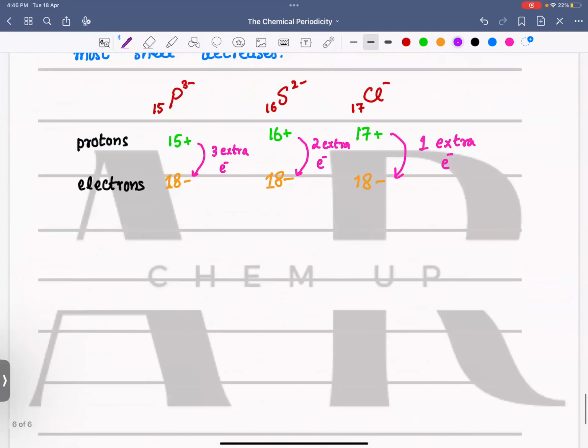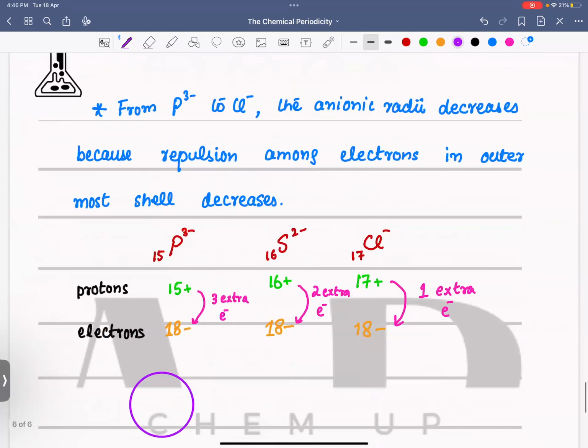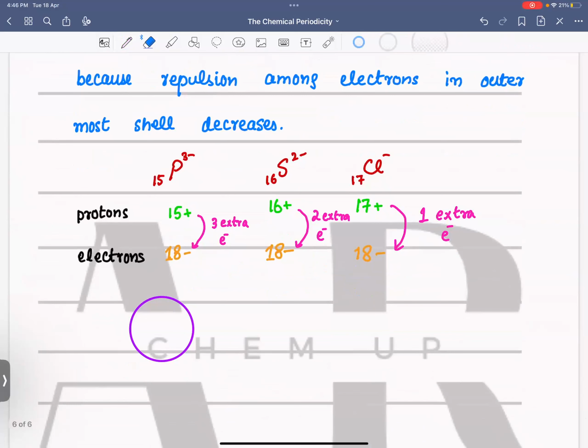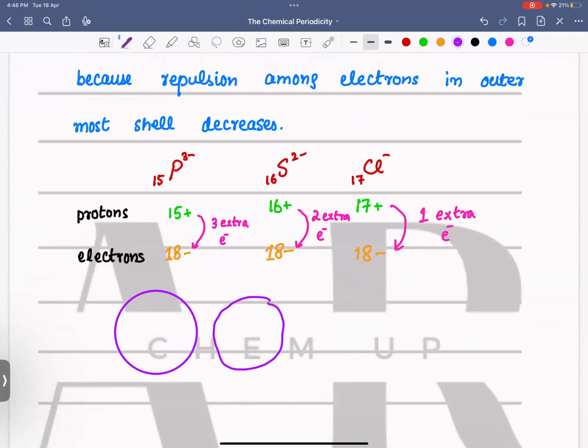So here we have a radius like this over here. Then we have a little smaller radius than this one. And then we have a little more smaller radius than this one.